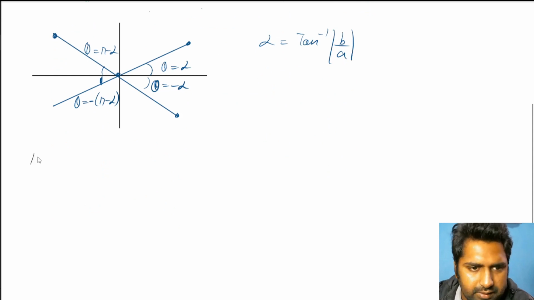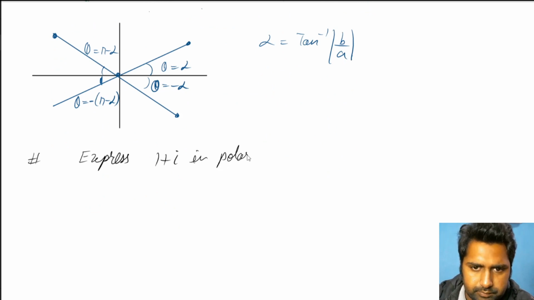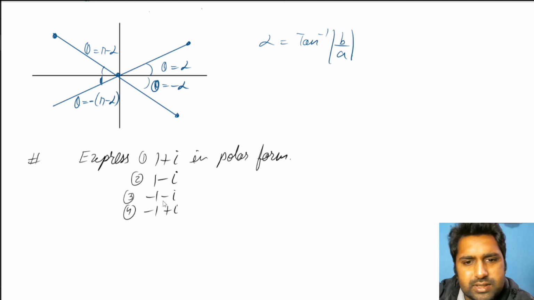Question: express 1 plus iota in polar form. Then 1 minus iota, minus 1 minus iota, minus 1 plus iota. So 4 questions, 4 different quadrants.